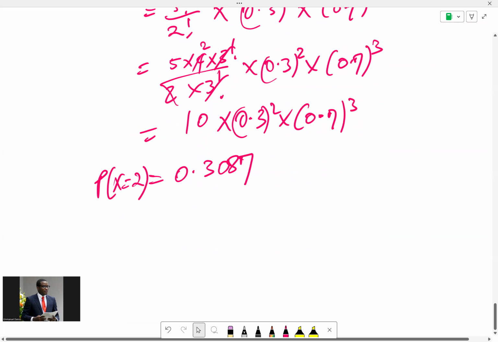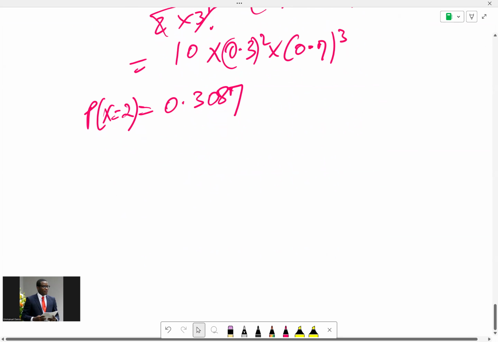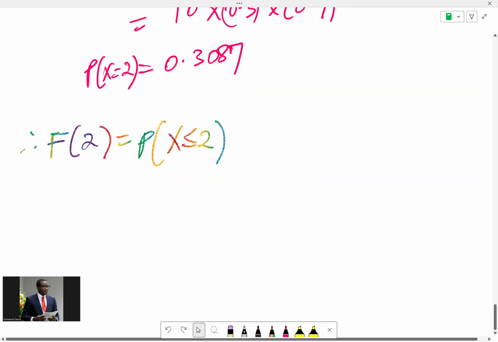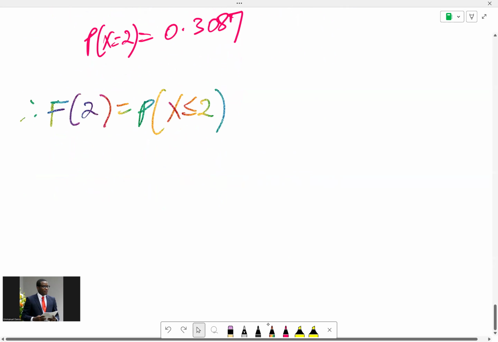Since we are talking cumulative now, we can say therefore, F of 2 is the probability that x is less than or equal to 2. And that is equal to all these values. If you don't mind writing it all out, I think it's fine for emphasis.